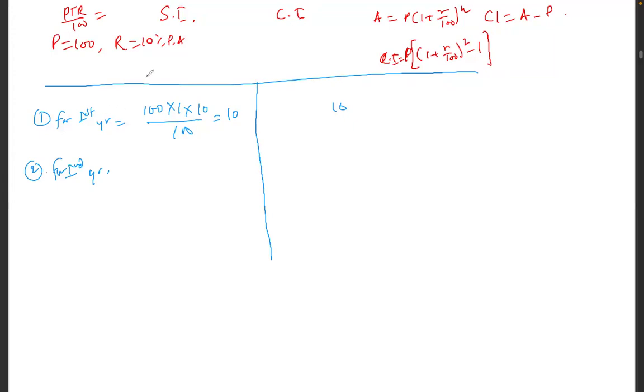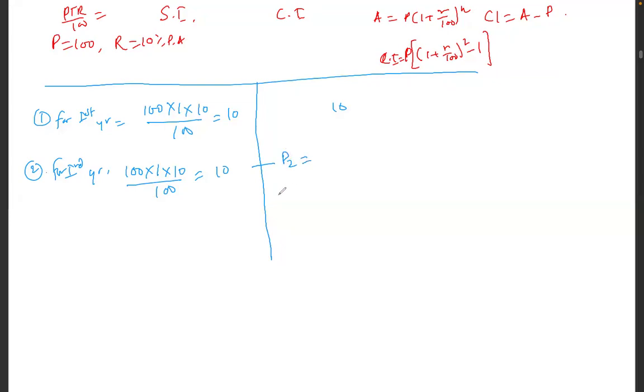again, there is no change in principal. Principal is 100, time period is 1 year, and rate of interest is 10. So for the second year also, simple interest remains the same. But the same thing does not happen in case of compound interest. So what happens?